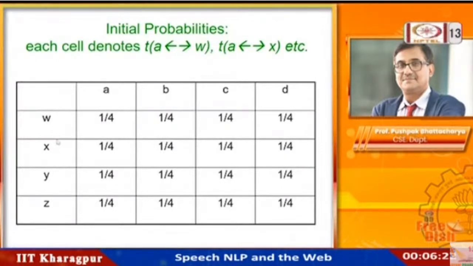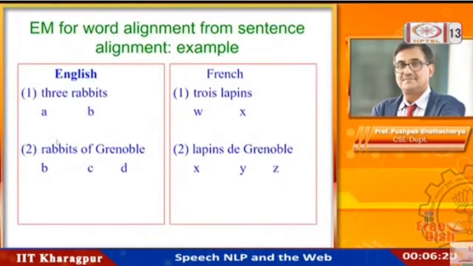So W, X, Y, Z are on the French side. W is trois, lapin is X, Y is de, Grenoble is Z. Grenoble is a place in France, and the machine doesn't know it.